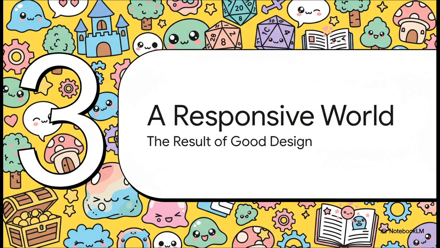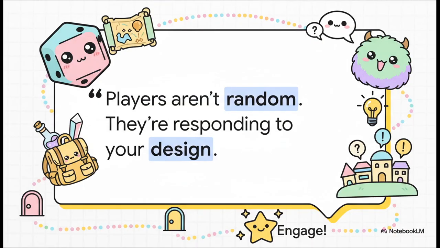You see, when you start using all these tools together, you're not just making a few better scenes here and there. You're building something much, much bigger. You're building a world that feels alive, dynamic, and genuinely responsive to the people at the very center of it all. If you remember just one thing from all this, let it be this. Players are not random. They are responding directly to your design.